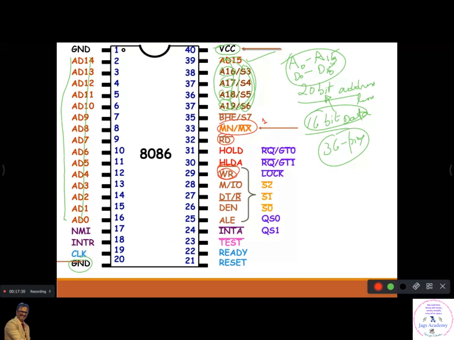Suppose the microprocessor wants to read something from the memory, it will generate a low signal on this, right? Similarly, if the microprocessor wants to write something into the memory or onto the I/O devices, it is once again a low signal. That's why you have the bar on top of it. Understood this? Okay. Now I have told you about the read signal and write signal.